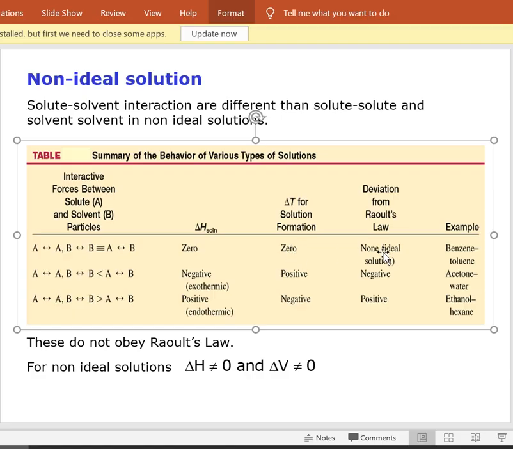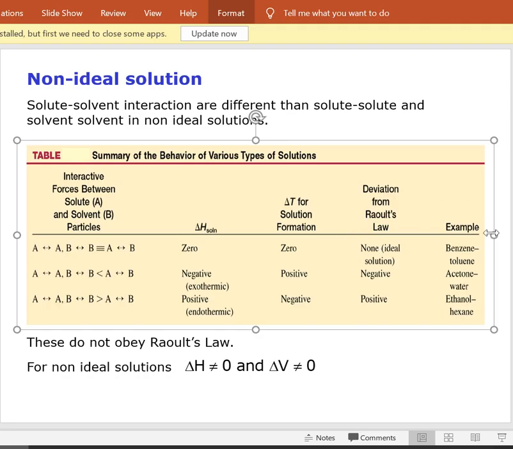For example, benzene and toluene. And in case of negative deviation, delta H is negative, it means it is exothermic. While in case of the positive deviation, delta H is positive, that is endothermic. For example, ethanol and hexane.